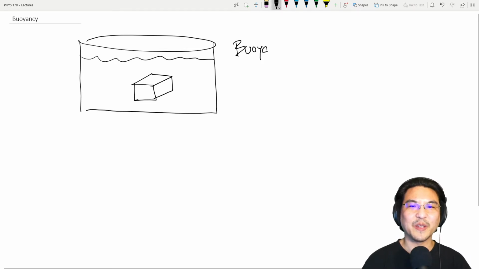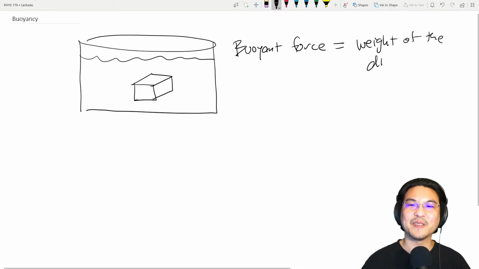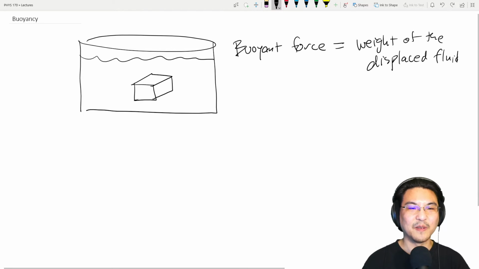The buoyant force, so it's a force, equals the weight, which is a force, right, of the displaced fluid. Imagine there's this block, let's say a block of wood or something. How much water is this block displacing?